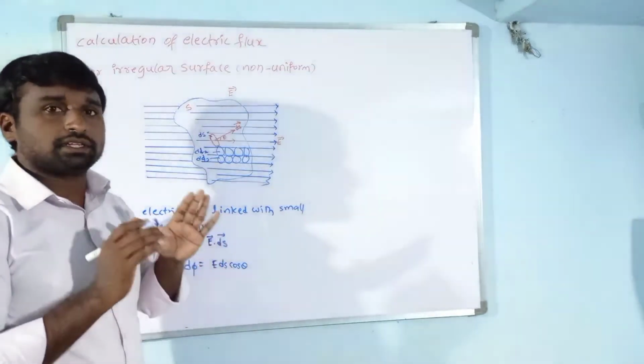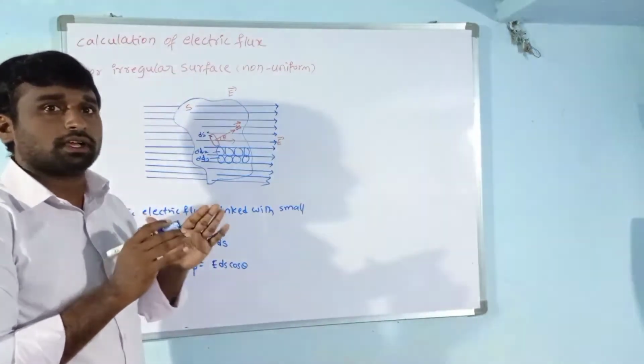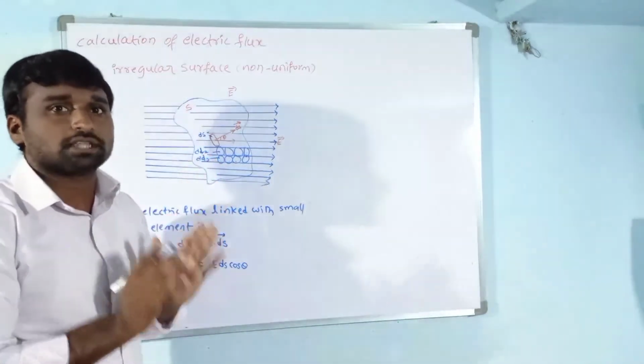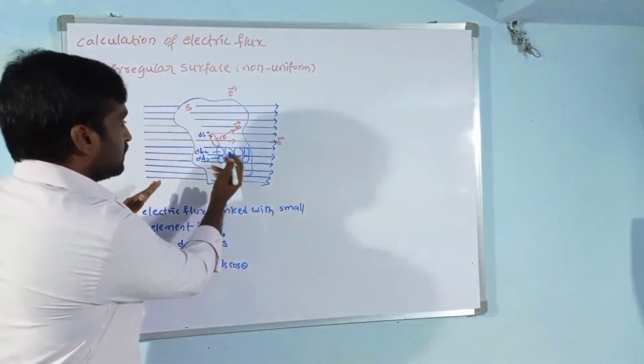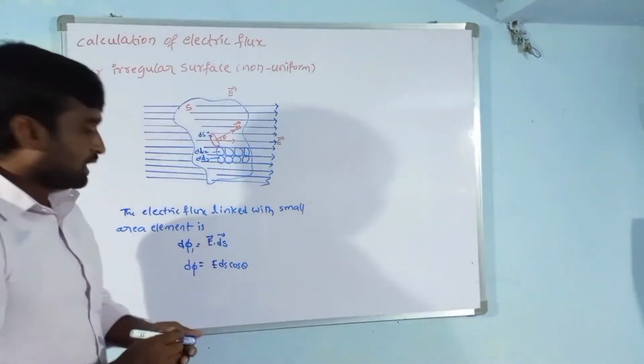If we want the total flux linked with the total surface, we have to integrate over all these small area elements.